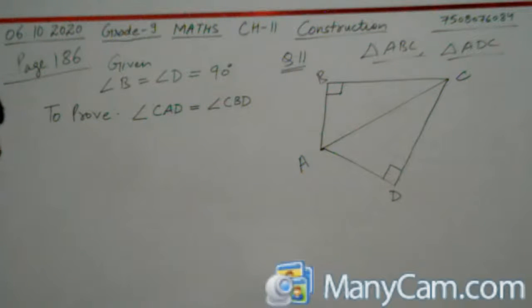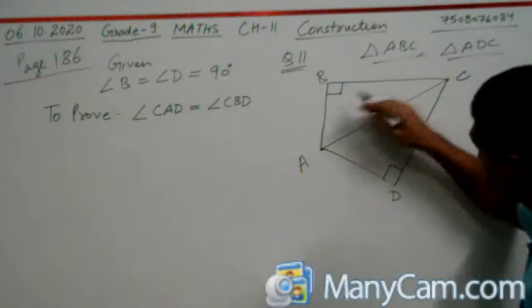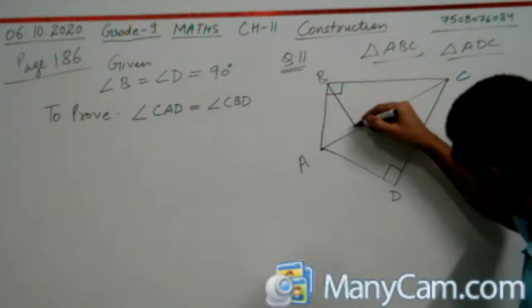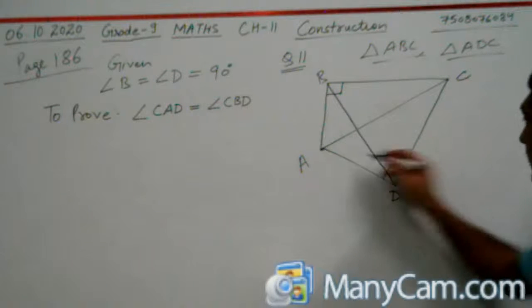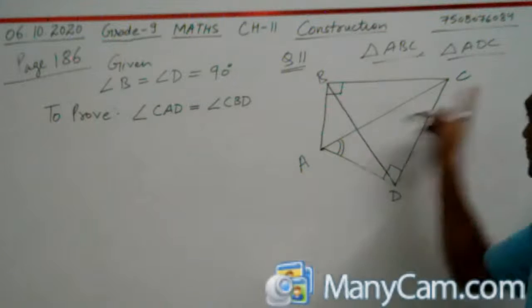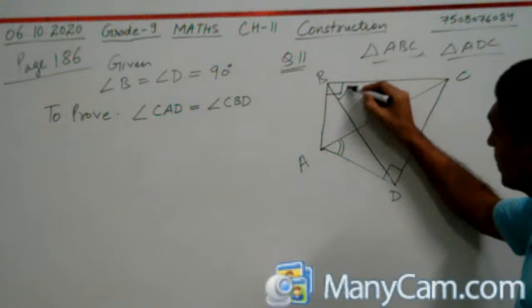So here they are saying ABC and ADC are two right triangles with common hypotenuse AC. Prove that angle CAD and angle CBD, you have to draw in this way. So join this angle, that is angle CAD, and this angle, that is CBD.